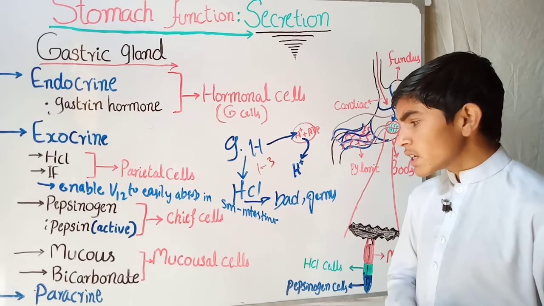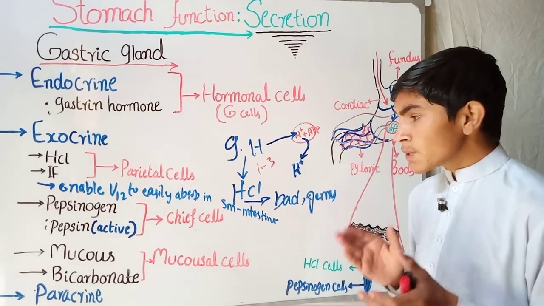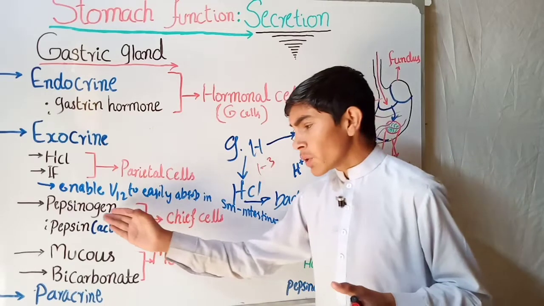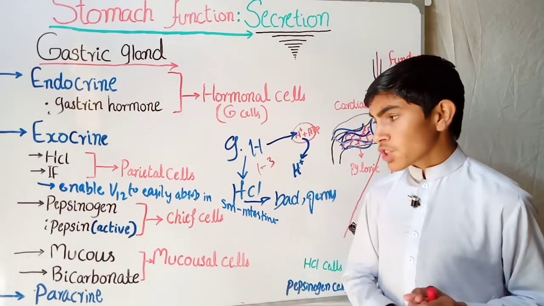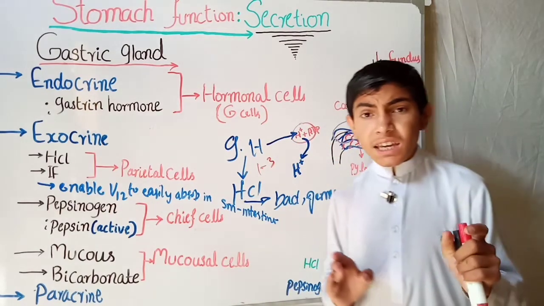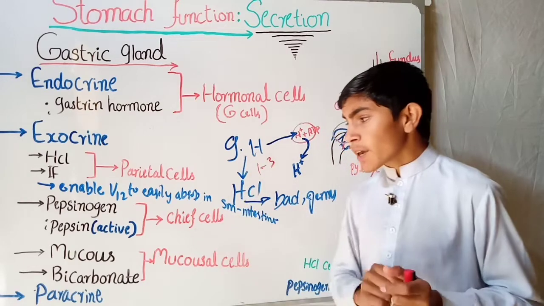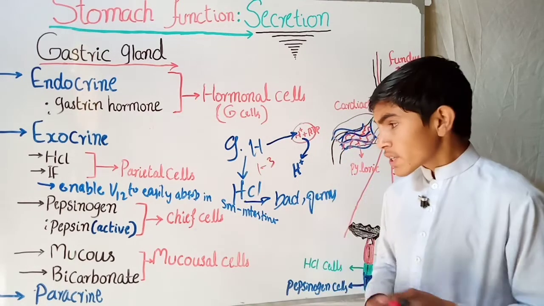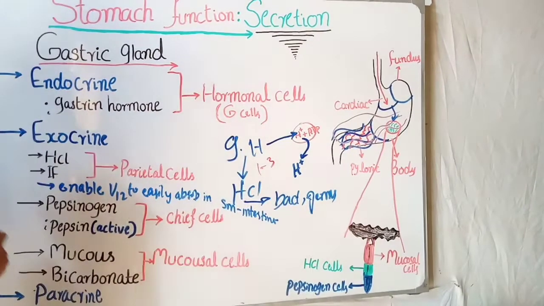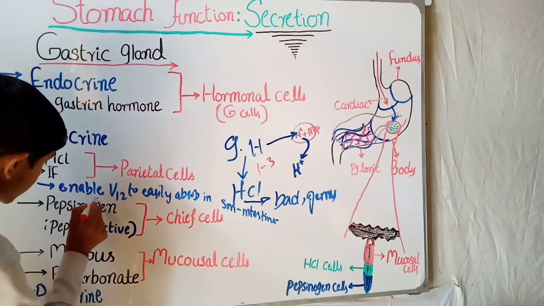The second cell is the chief cells. The chief cell is mainly involved in the secretion of pepsinogen. Pepsinogen is an enzyme which is inactive. You can see here the gene part present in the pepsinogen.